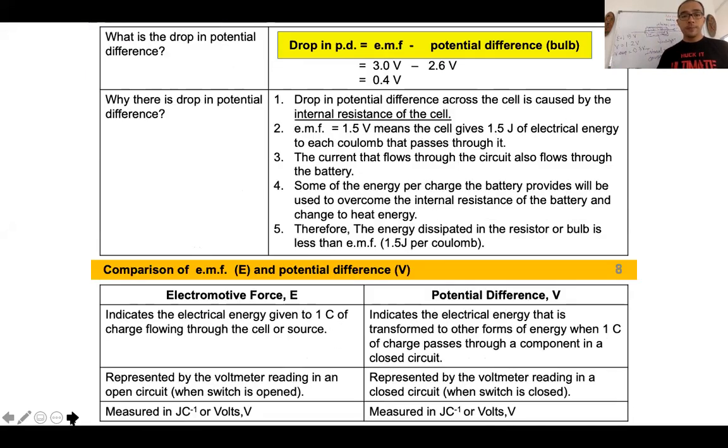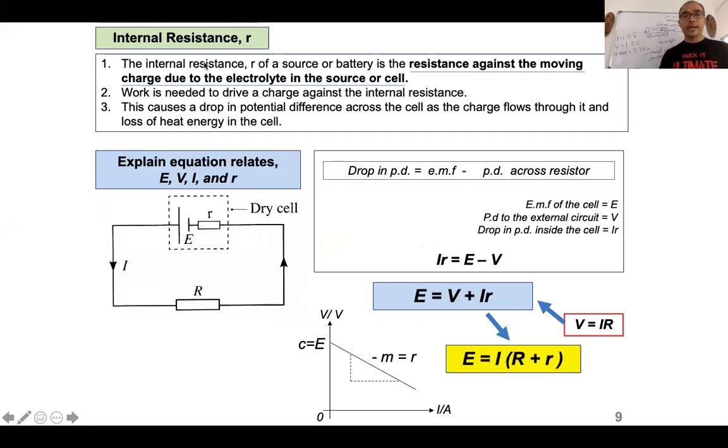Okay, so this next part now, as I said, internal resistance is the resistance against the moving charge due to electrolyte in the source of a cell. So it is the resistance because of the electrolyte. Work is needed to drive a charge against the internal resistance. You need energy to go against the electrolytes. So that energy that we use up is the one that causes the potential drop.